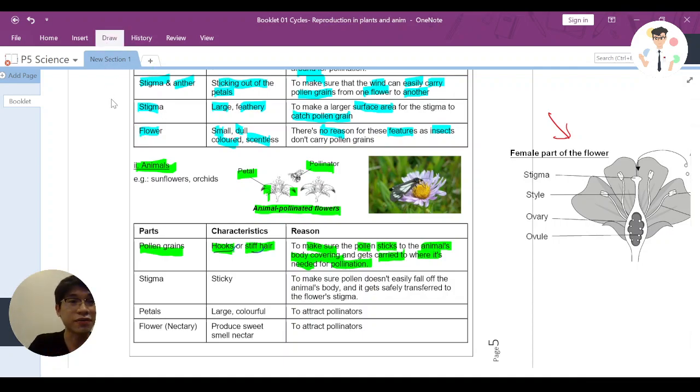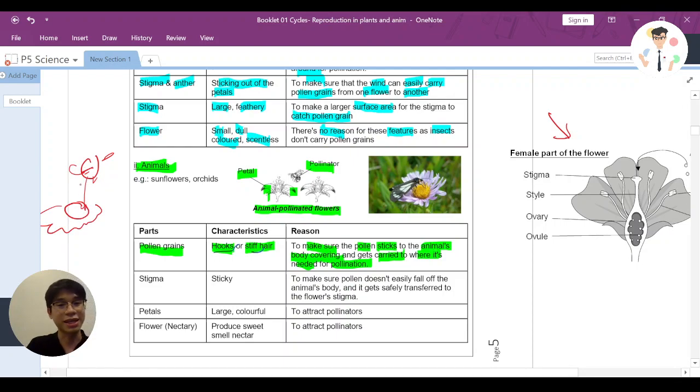Now, I just want to clarify something. For example, there's example B, right? This is B. B will be attracted by a flower, and it will basically get the nectar. But at the same time, it will get nectar plus the pollen. This nectar and pollen is actually used to give them some food, in simple terms.